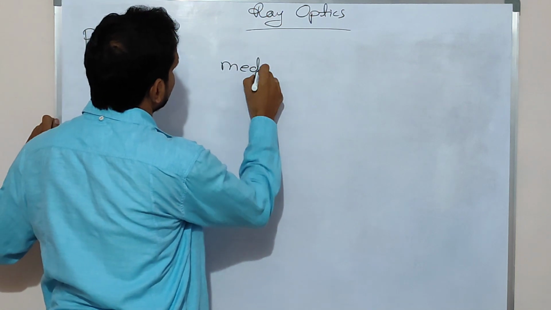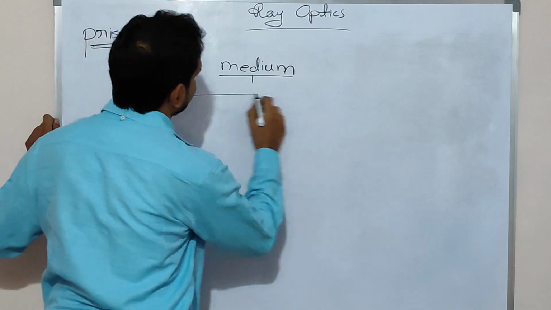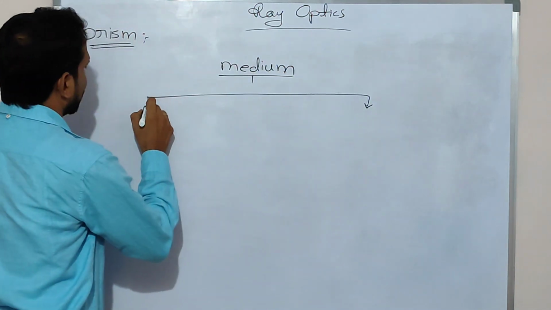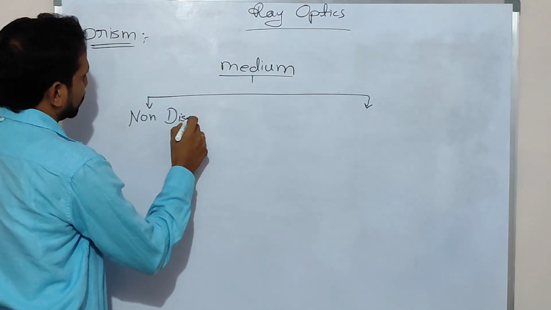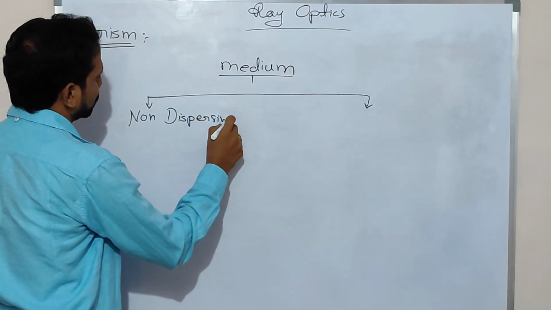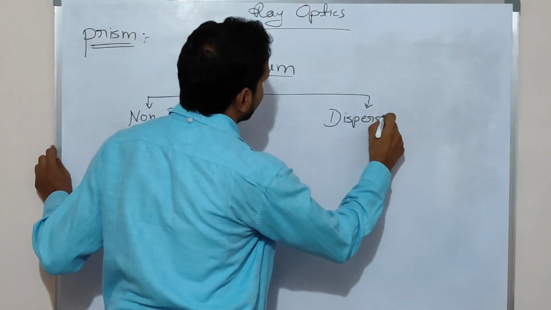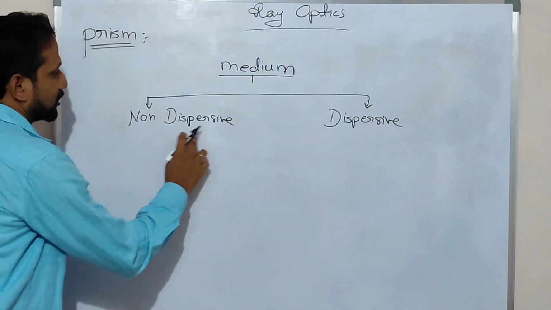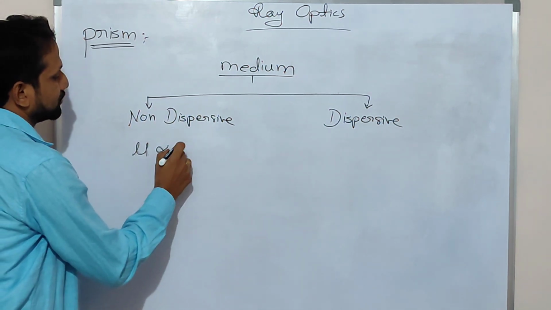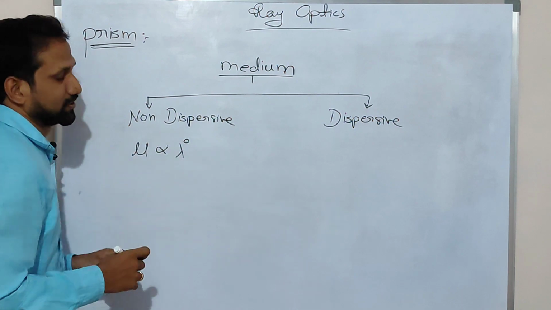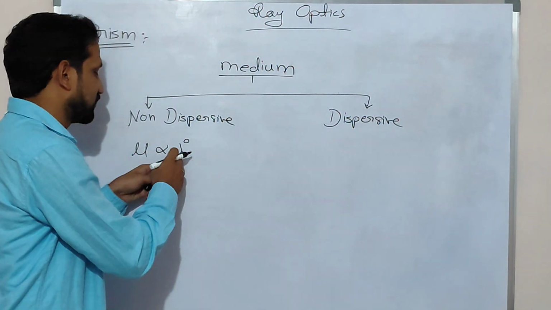Okay, so medium, we will have here non-dispersive medium, and then dispersive medium. Okay, non-dispersive medium: the refractive index of the light is independent of the wavelength.